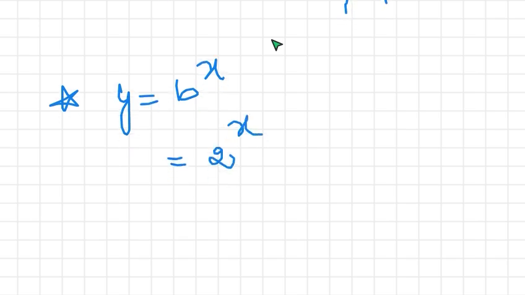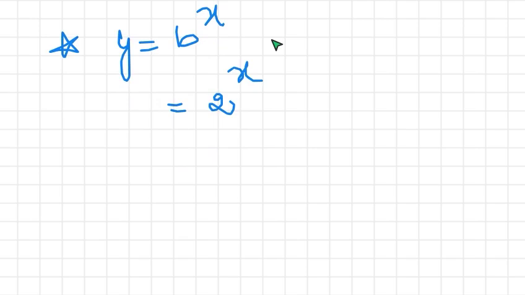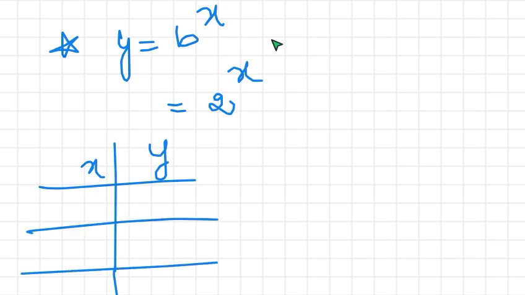Let us understand exponential graph. Y equal to b power x. Let's take one example, say 2 power x. Do you know how the graph of this exponential function will be? No, I don't. Okay. So simply pick some x values and let us trace the graph.